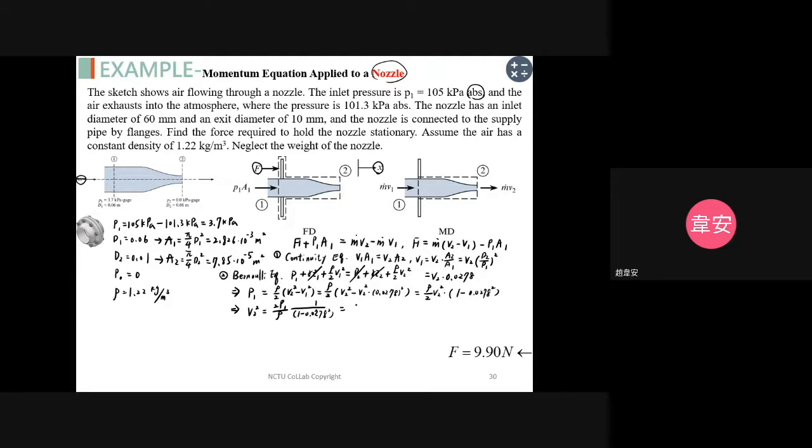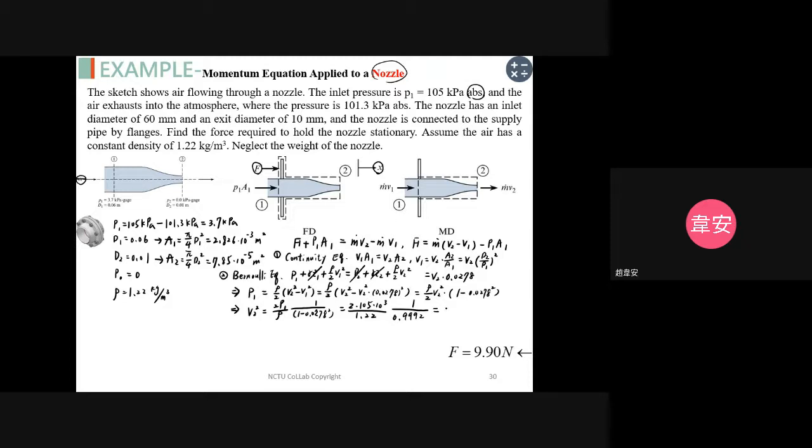It is equal to 2 times pressure 1, which is 105 kilopascals, divided by ρ, the air, 1.22, divided by 1 minus 0.0278 squared, which is 0.9992.